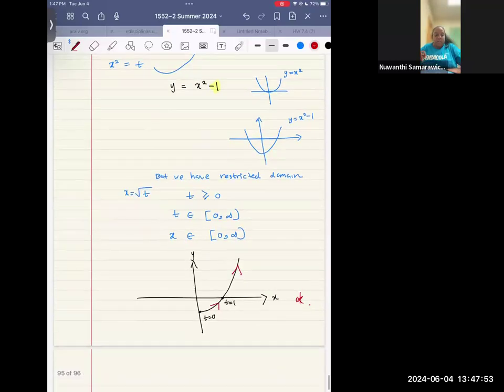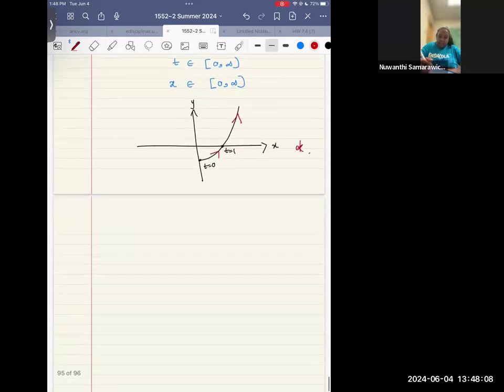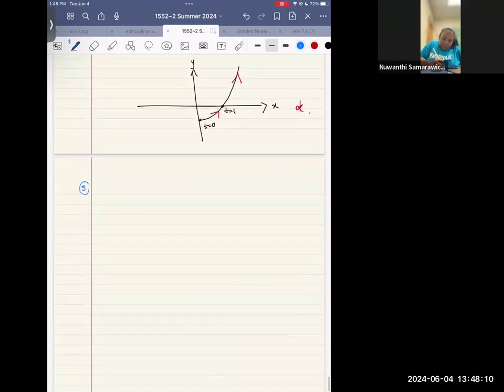To finish this section, in your homework you will get some equations like this, where x is equal to 3 sine t, y is equal to 3 cosine t.